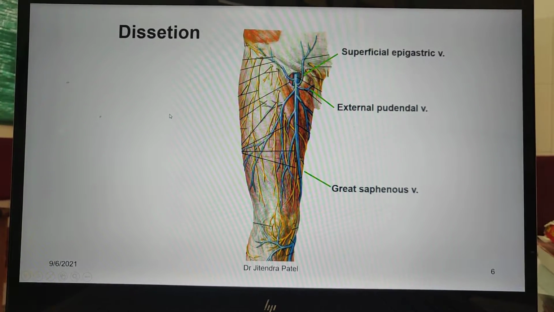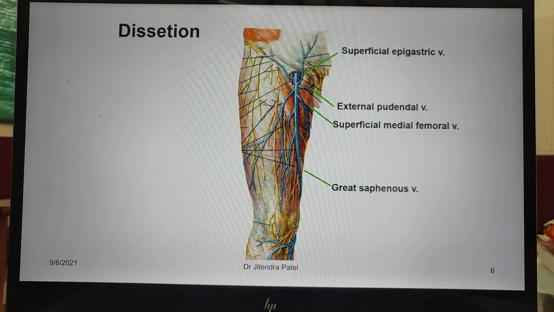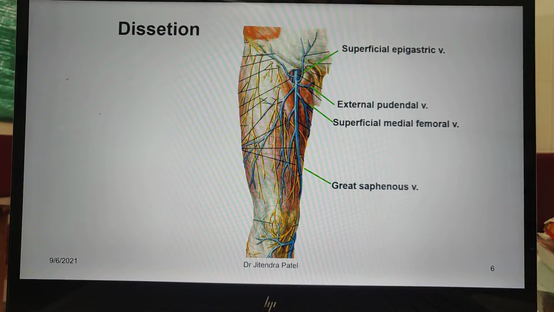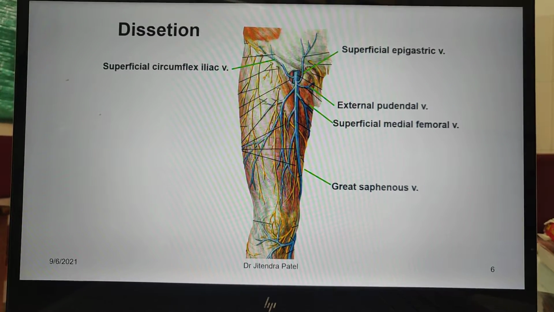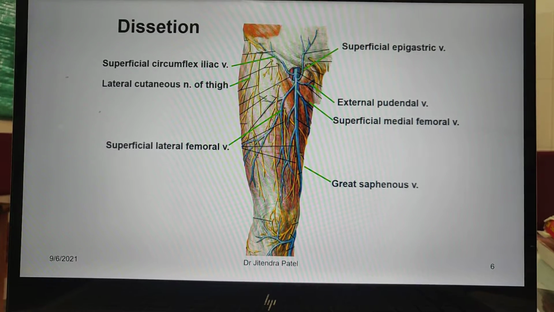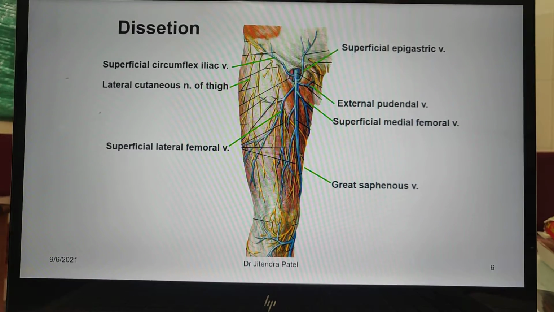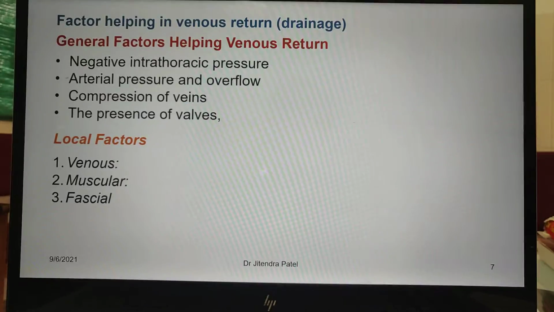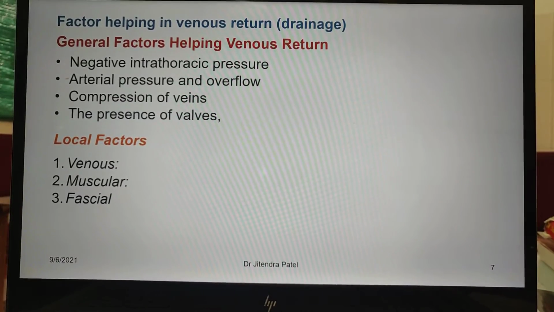So these are the tributaries of the great saphenous vein.